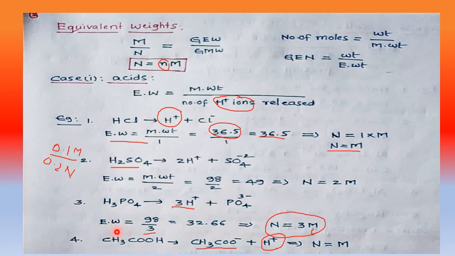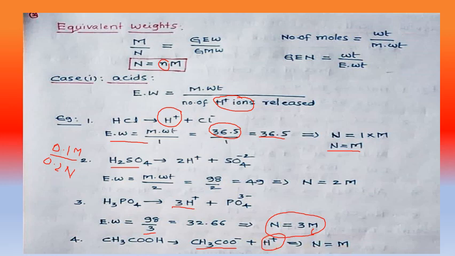No, these hydrogens will not be included, because an H plus ion here means the ions which are going to be dissociated. These hydrogens are not dissociated. Clear? On dissociation you will get acetate ion CH3COO minus plus H plus ions. Even though you have 4 hydrogens, after dissociation how many H plus are we getting? Only 1. So divide by 1. So finally N equals M for CH3COOH.